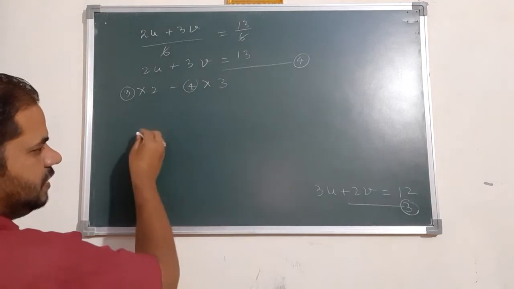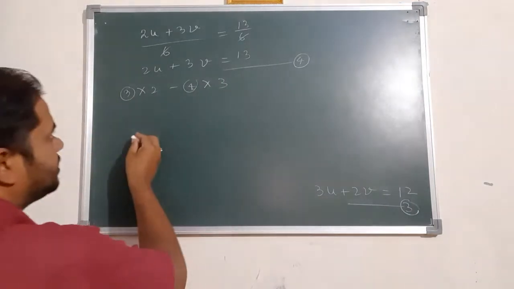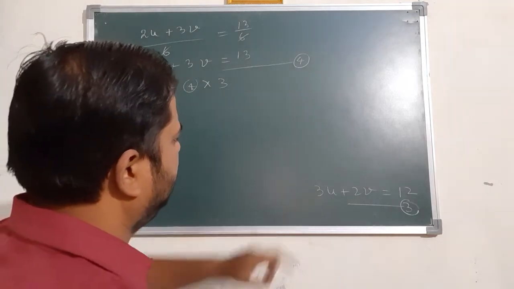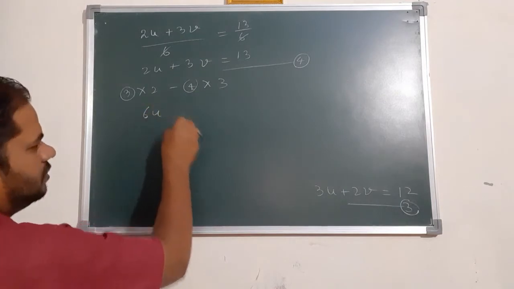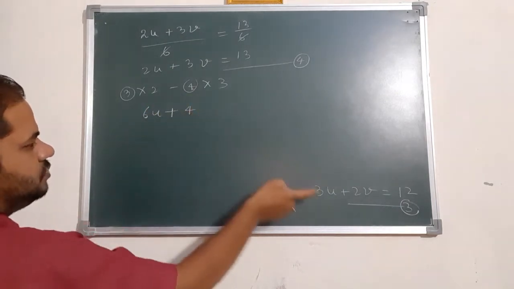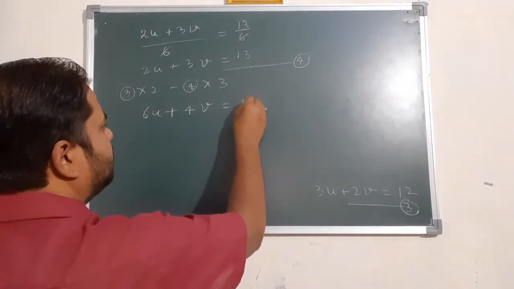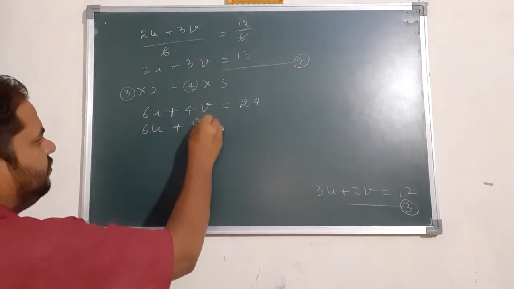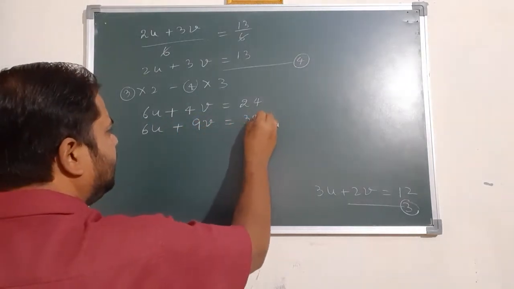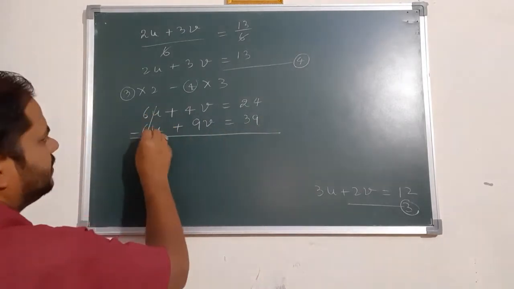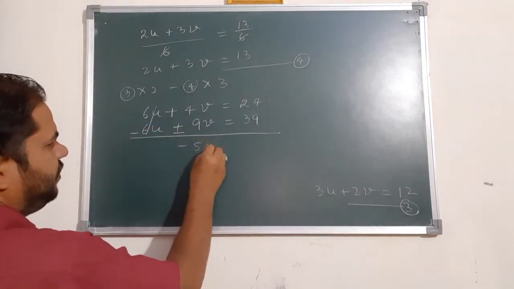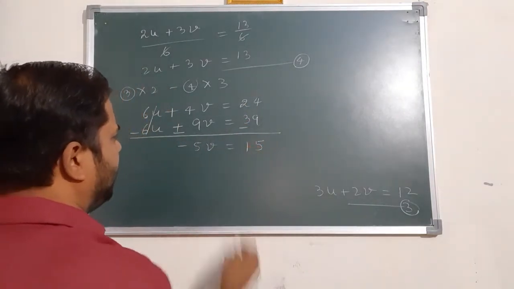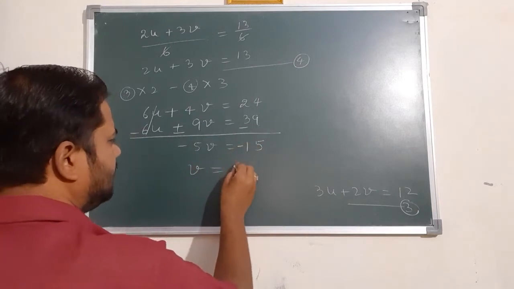Multiplying by 2 in equation 3, we have 6u plus 4v is equal to 24, and similarly 6u plus 9v is equal to 39. Now subtract, we will get minus 5v is equal to 24 minus 39, which is minus 15, so v is nothing but 3.